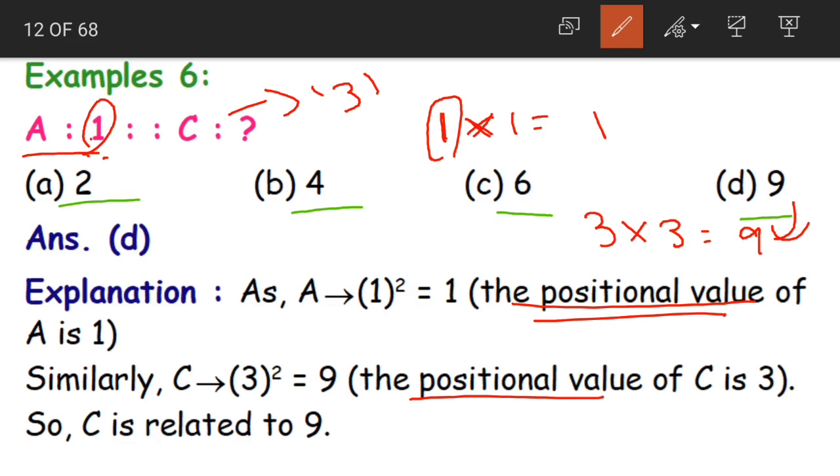Now when we take the square, we multiply the number with itself. 1 into 1 is 1. In the same way, C's positional value is 3. Again, what is the positional value? C is the third letter, so that is why its positional value is 3. Now when we take the square of 3, 3 into 3 is equal to 9, which is our answer.